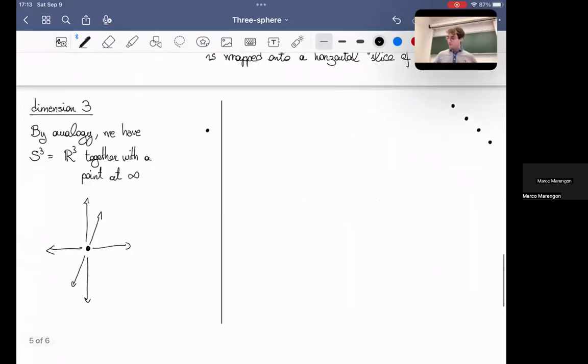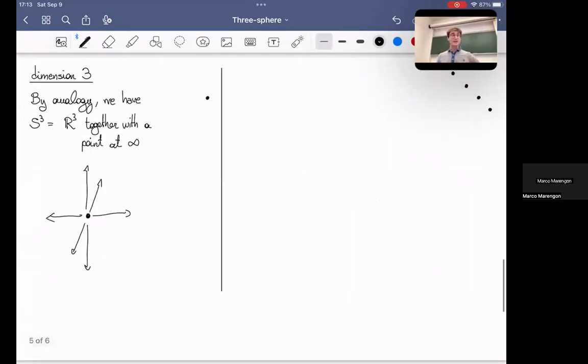So maybe it will not surprise you that by analogy, we can envision S3 as the space R3 together with a point at infinity. Now, of course, since the space already takes all of our imagination, we can't really say where the point is, because somehow the space has already taken all of our brain.